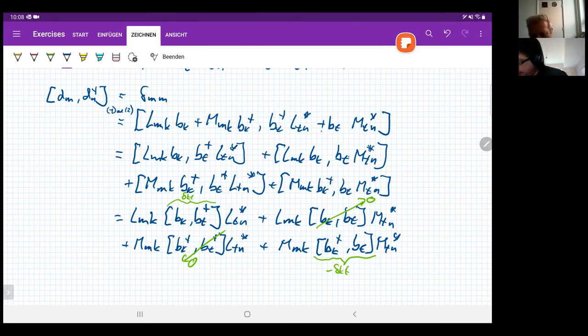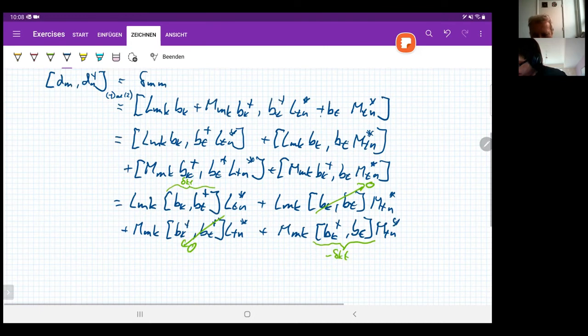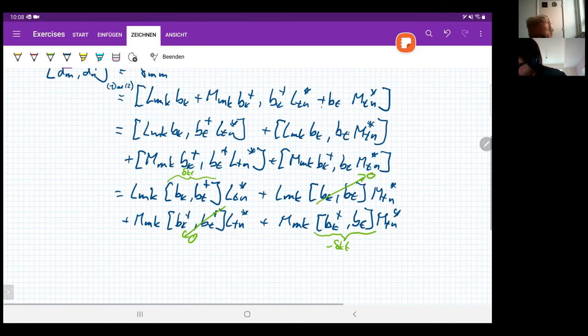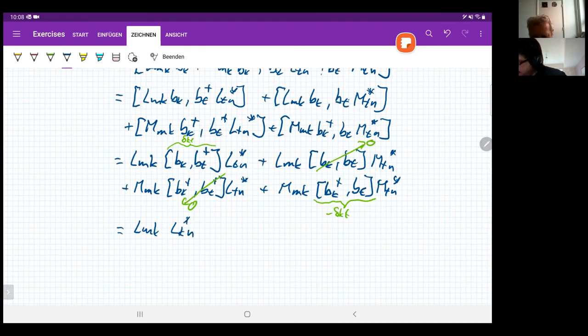And we are left with L_MK, L_KN dagger minus M_MK, M_KN complex conjugate.